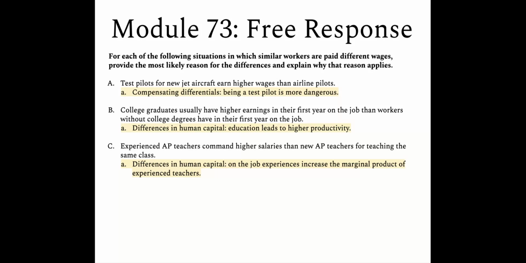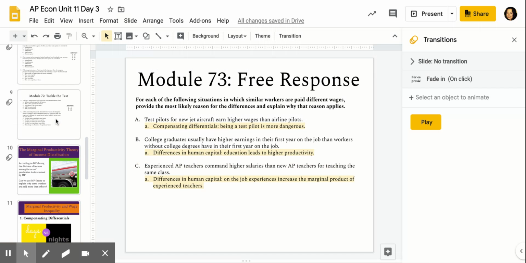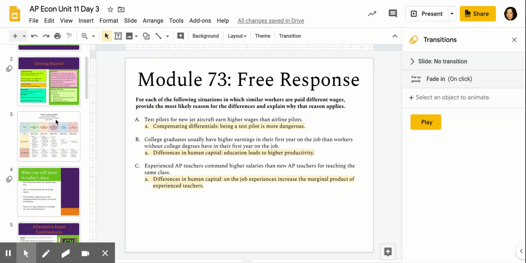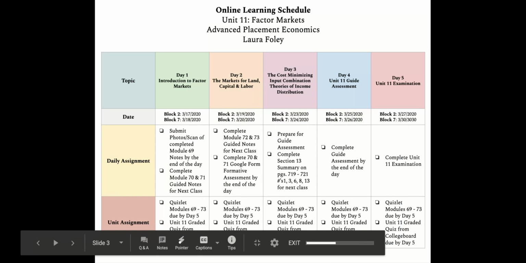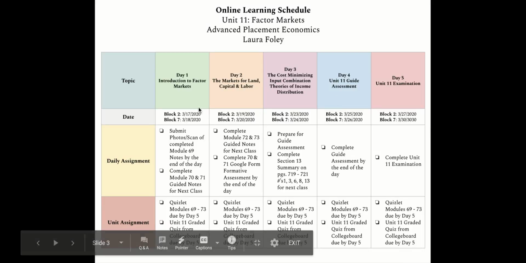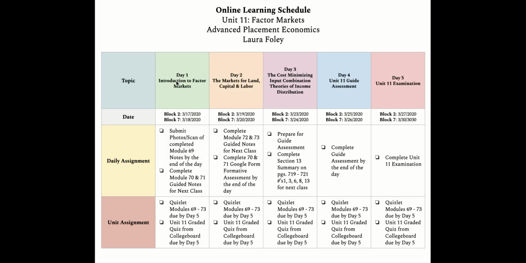So just to recap, I'm going to go back to our calendar. So today, what you need to do is look at section 13, the summary in the purple book, those 5 problems. You can just write them out on a loose leaf sheet of paper and then either scan them in or take a picture and submit it to Google Classroom.